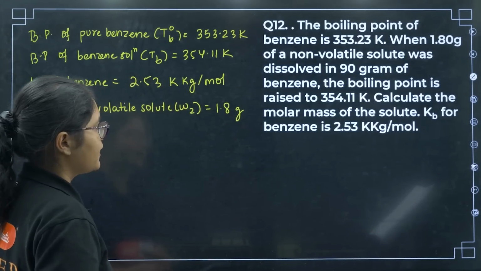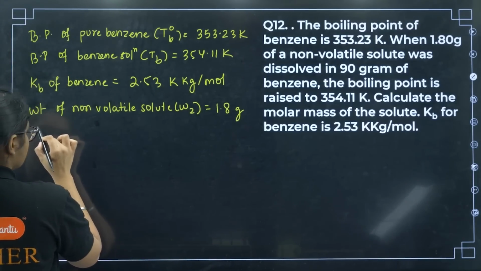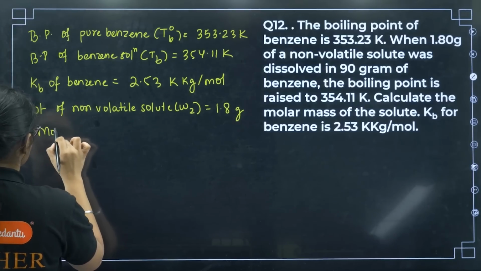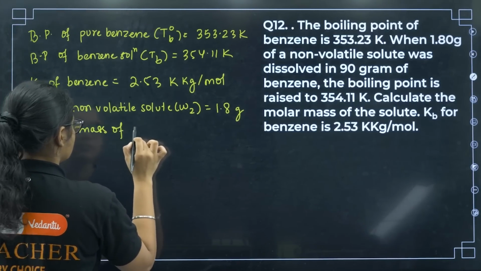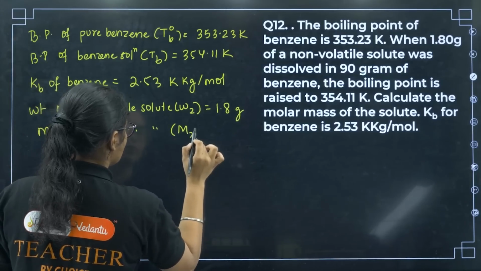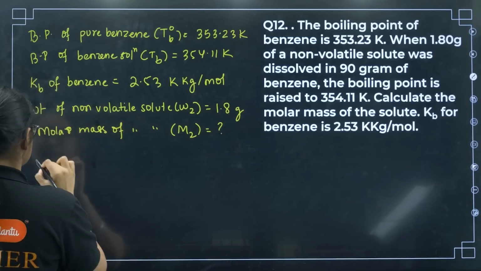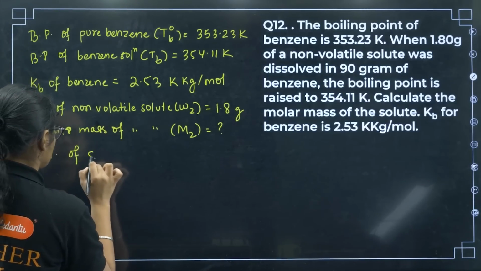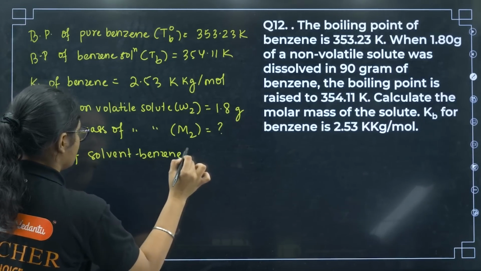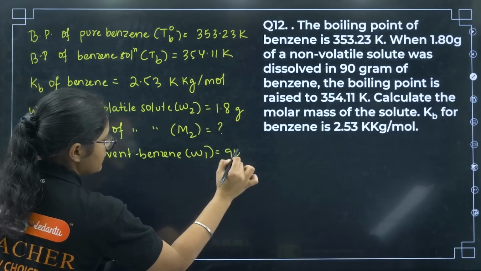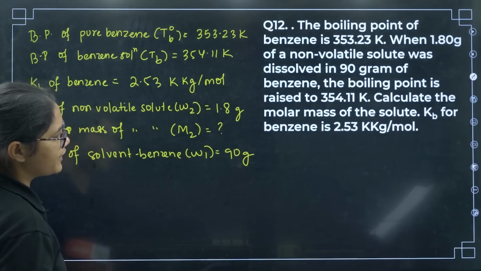Okay, next I have 90 gram of benzene. So I have here the molar mass of the non-volatile solute. I'll write M2, and that I have to calculate. Weight of solvent, that is benzene, denoted as W1, is equal to 90 gram, right? Clear? So I have written all the values, I think.